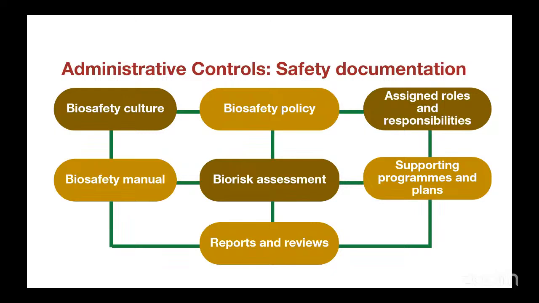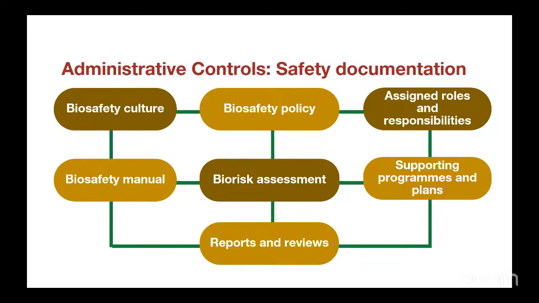Now, under administrative control, I want to talk about safety documentation. This is part of our module 6-7. It covers safety culture, safety policy, assigning roles and responsibility, risk assessment, safety manual, supporting programs and plans, reporting and review. All this safety documentation has to be in place.